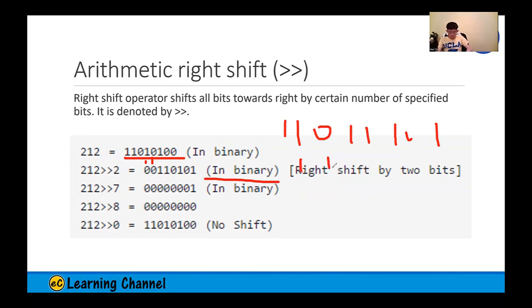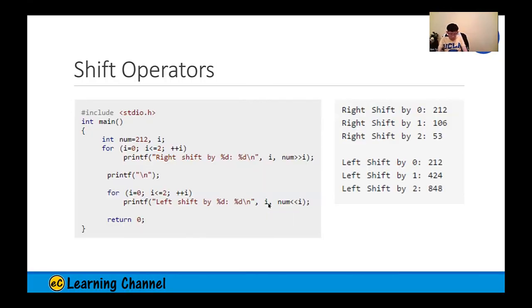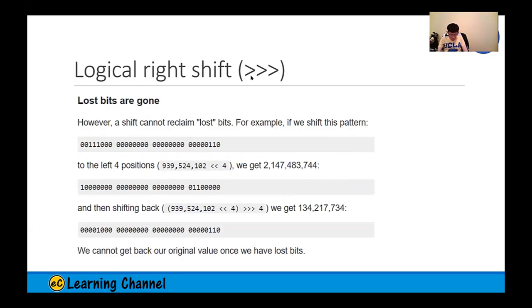So you shift to the right, then you want to put a 1 in there. That's called arithmetic shift. You need to use a 3 arrow. So here, this one inserts 0, but the other inserts 1 when negative. These 2 arrow and 3 arrow, you have to understand.